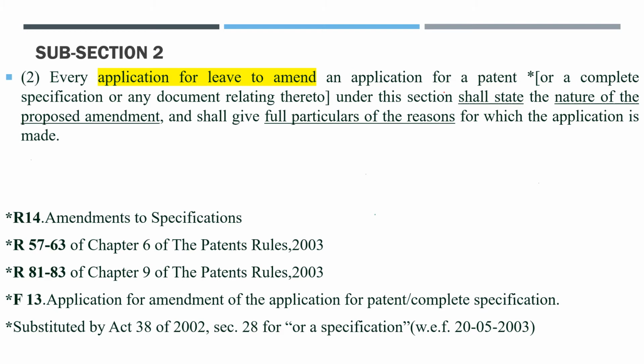But now I would like to explain the subsection in a simpler way. Just listen. An application for amendment shall state the nature of the proposed amendment, and it shall have the full particulars of reasons for which it is made. This is the simple meaning of this subsection. Fine. Now I think it is pretty much clear, so we can proceed.